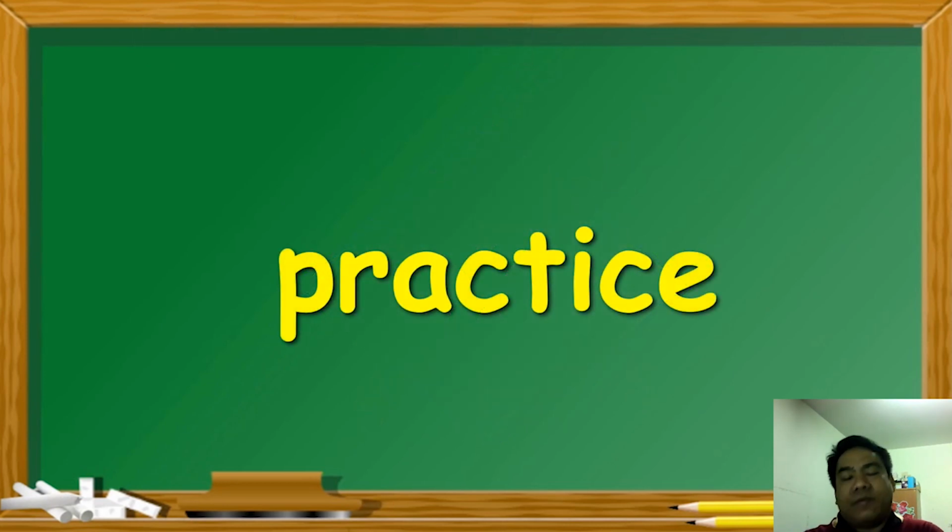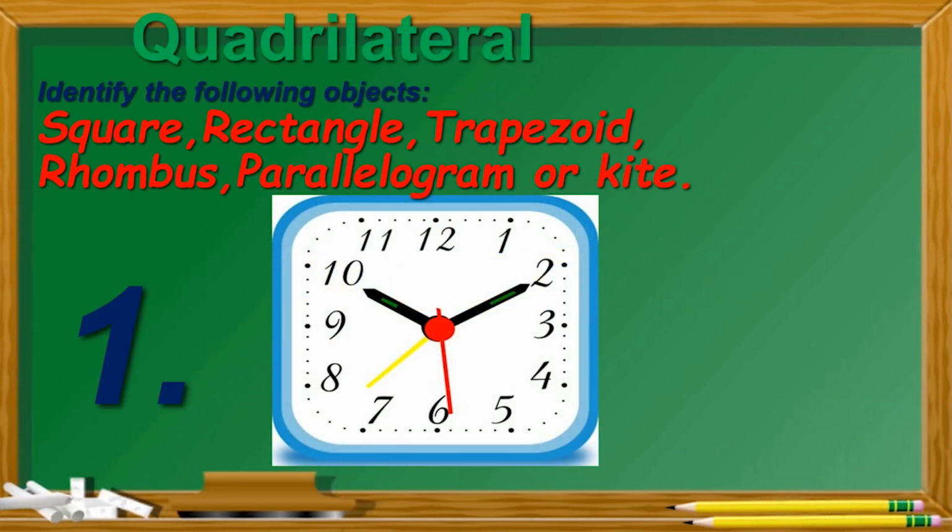Okay, let's practice. Identify the following objects: square, rectangle, trapezoid, rhombus, parallelogram, or kite. So this one, what is this? Is this a square, a rectangle, a trapezoid, a rhombus, a parallelogram, or kite?